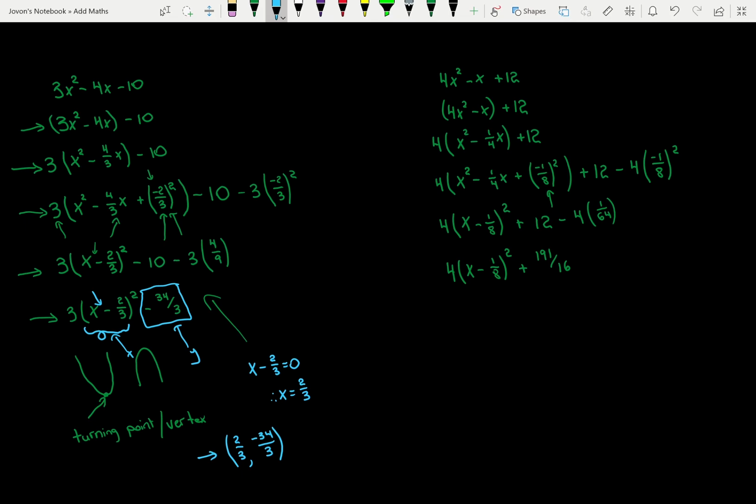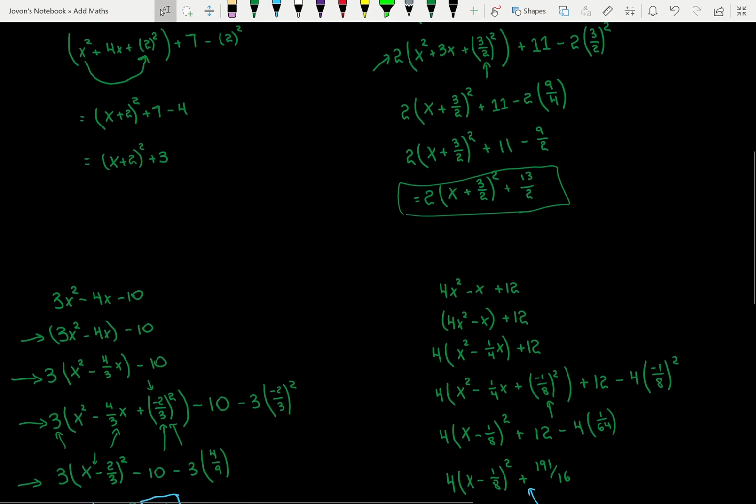For this example here, to find the coordinate, we say x minus 1/8 is equal to 0. Therefore, x is equal to 1/8. The coordinates of the minimum point are 1/8, comma, and for the y value we do not change the sign, 191 over 16.